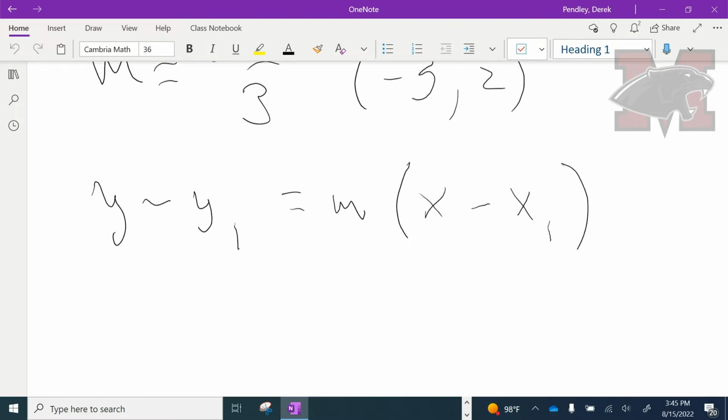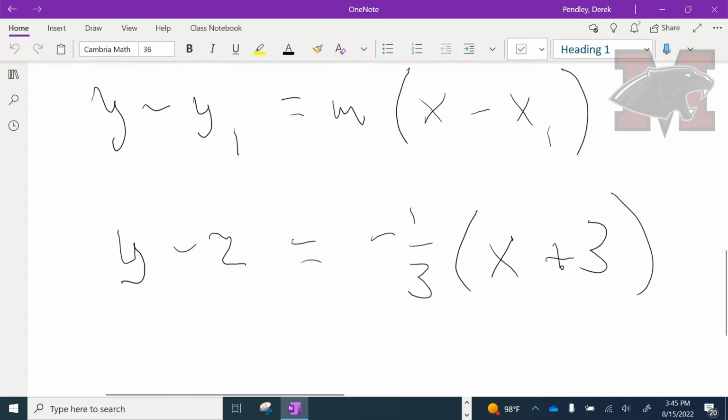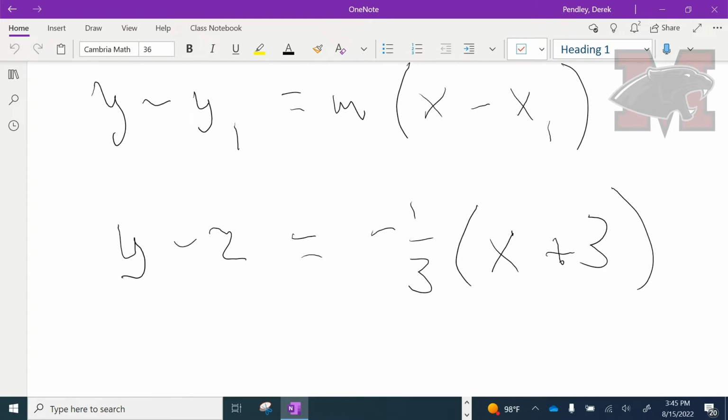So by substituting in that information, I get y minus 2 is equal to negative 1/3 times the quantity x plus 3. Remember, you take the inverse. So y minus 2 is equal to negative 1/3 times the quantity x plus 3.